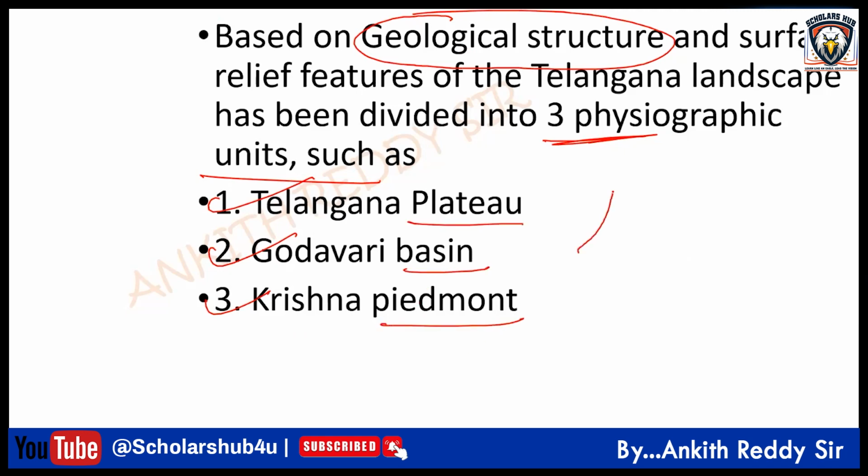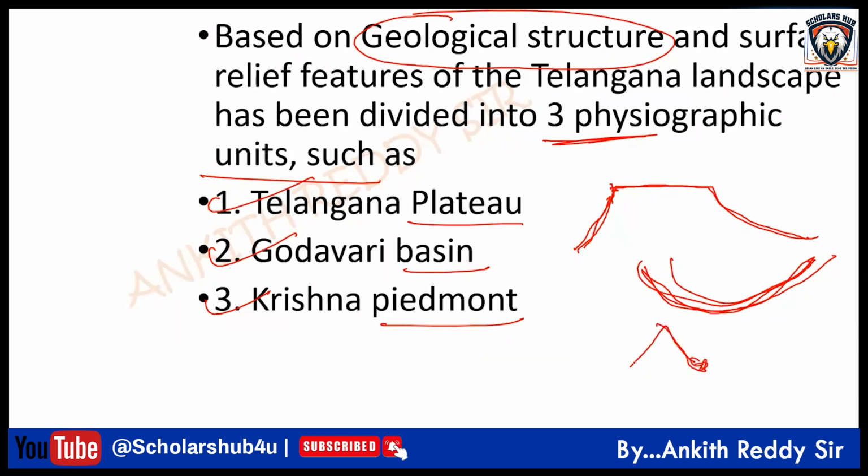Plateau is a region which is also called table land, right? Like this. An elevated region with a flat top is called a plateau, right? And what is a basin? A basin is like a depression, a low-lying area. What is a Piedmont area? Basically, a Piedmont area is the region at the foothills.